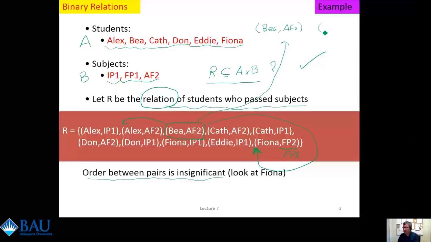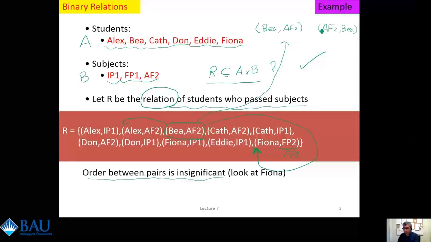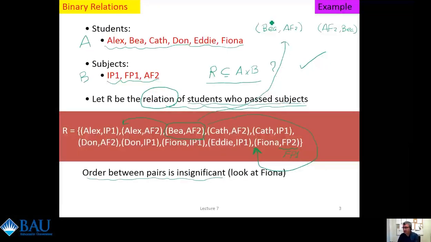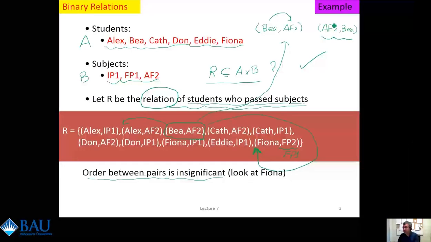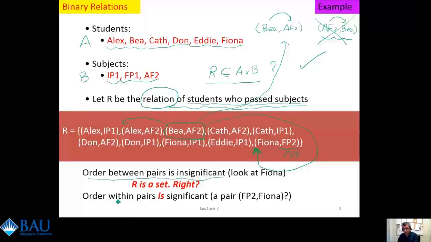Can we write it in this way, AF2 and B? The answer is no, because here the relation says that the student passed the course. If you write it this way, AF2 and B means that the course passed this student. It has no meaning. So order inside the element of a relation is important. You cannot change it easily.